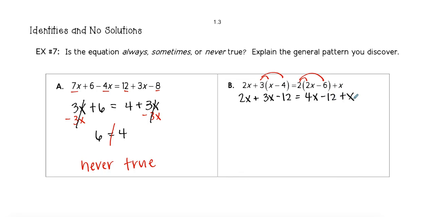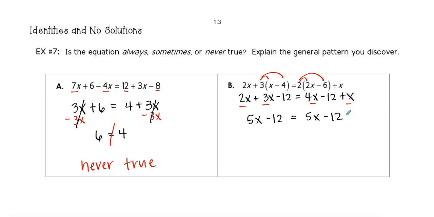I just distributed that all out. Let's combine our like terms. So I'm going to have 2x plus 3x, 5x minus 12 equals 4x plus x gives me 5x minus 12. We can stop right here.